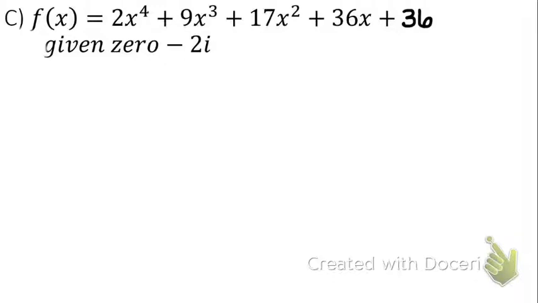Okay, so what am I going to divide into it? They told me that negative 2i is a solution. So first of all, if negative 2i is a solution, what would be another solution?